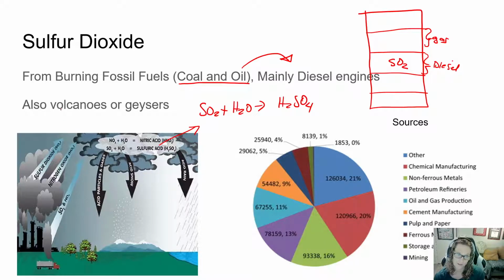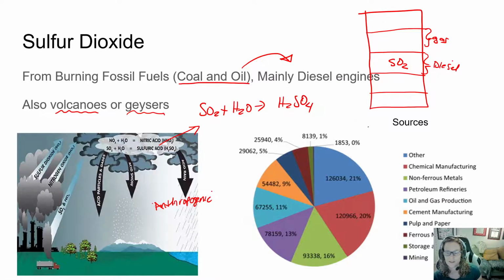It does occur naturally. So when a volcano goes or a geyser goes out from the ground, they do have some sulfur dioxide as well. But again, nature's got a cycle and it was totally fine to handle that and process it. It's the addition of all of our burning of fossil fuels, those anthropogenic additions, that make the problem.